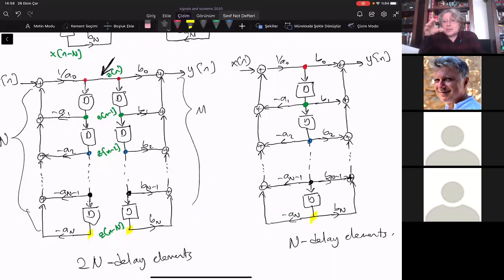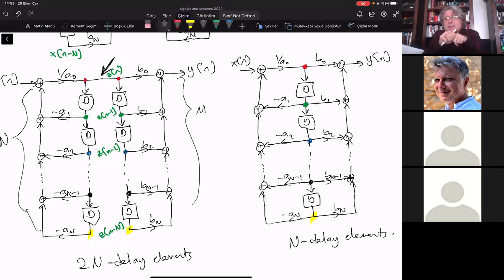And let me tell you the result. The minimal representation must contain the maximum of m and n. For example, if one size is 3 and the other size is 2, normally it requires 5 delay elements. But with the minimal representation, it must have 3 delay elements. Whichever is larger, m or n, you have to have that many delay elements, no more than that.